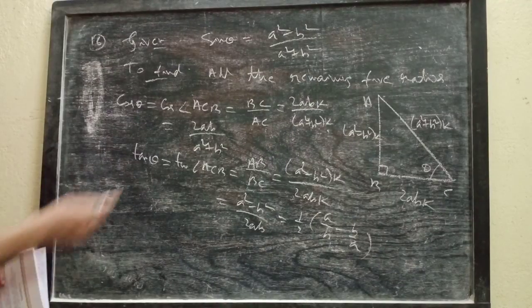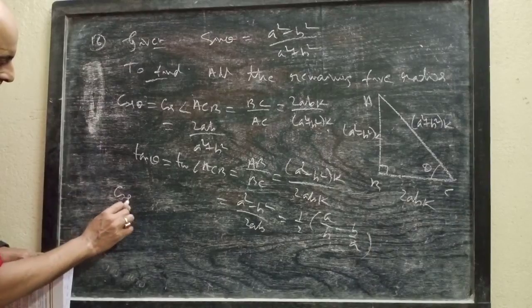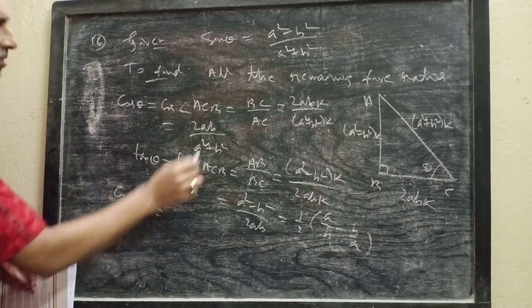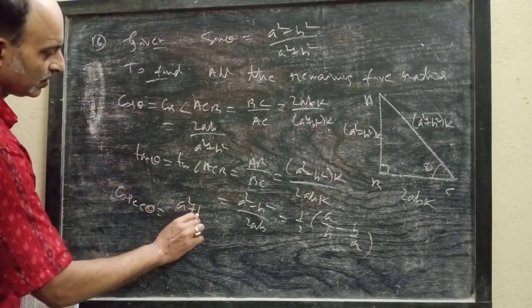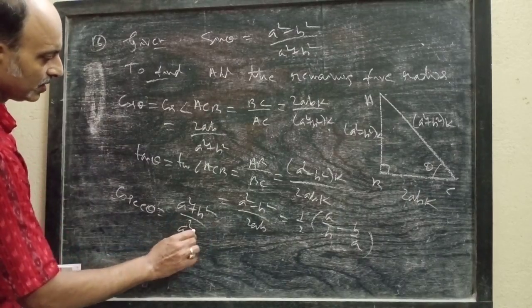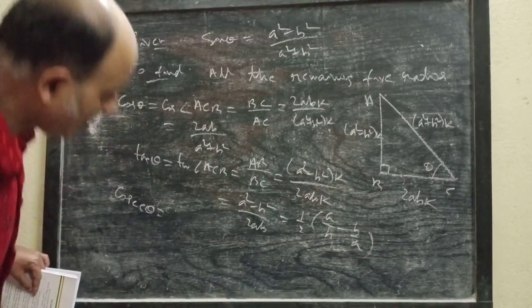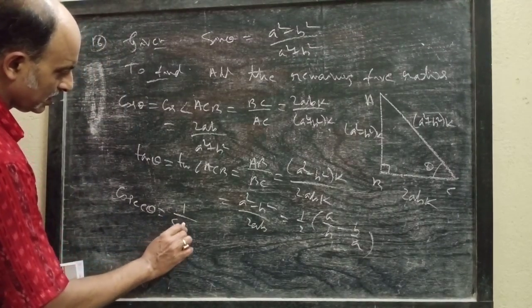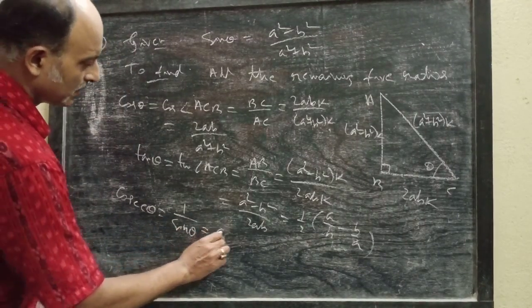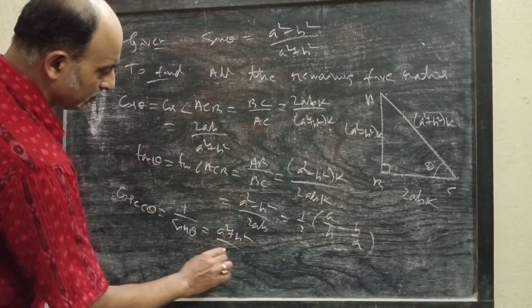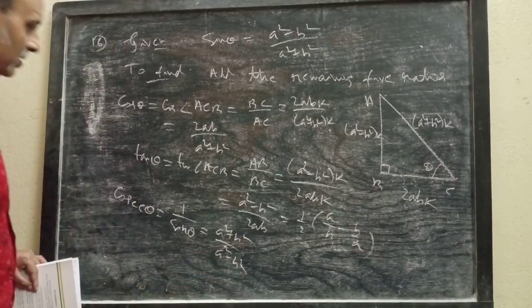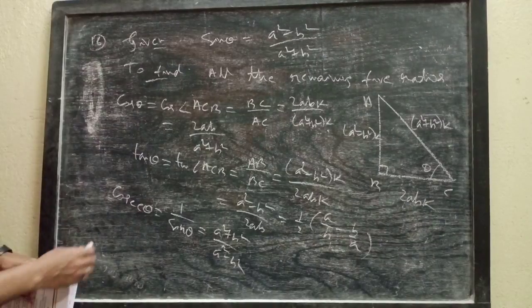Now cosec theta is reciprocal of sin theta. Don't write directly. First write 1 by sin theta, then write (a square plus b square) by (a square minus b square). This is cosec theta. Then sec theta.